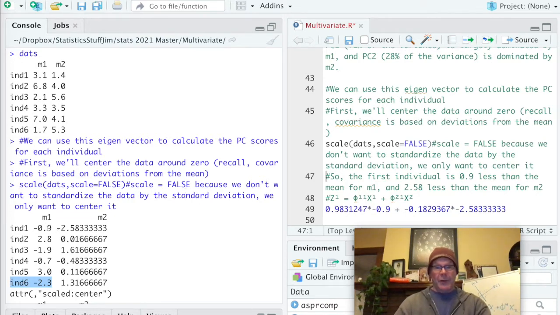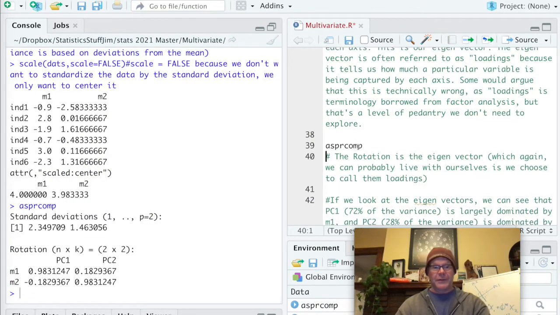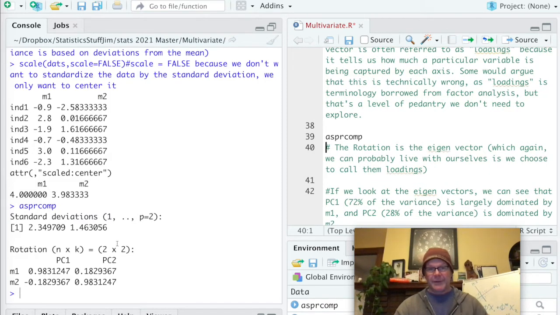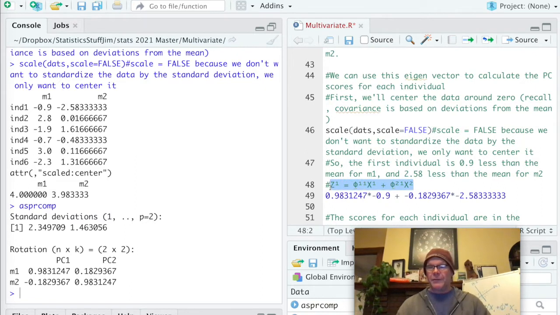So we have those values, and now let's go back up to our PC object, which is right here. Now we can pop it into this simple formula. I'm going to take the loading, the value in the eigenvector for measurement 1, which is 0.9831247, and multiply that by the observed value, which is negative 9, right here.